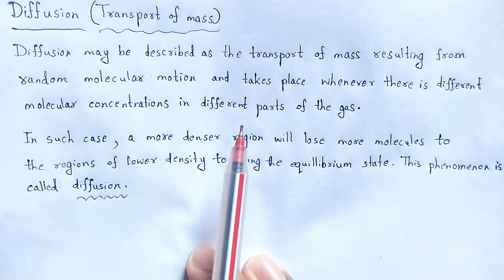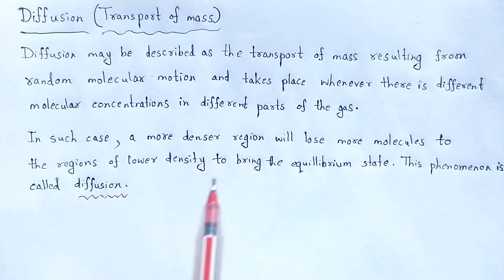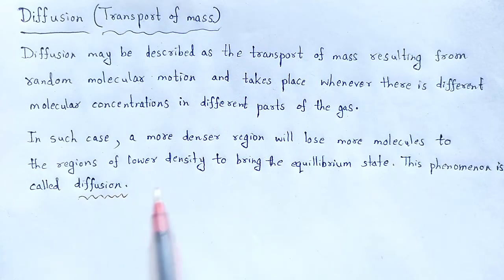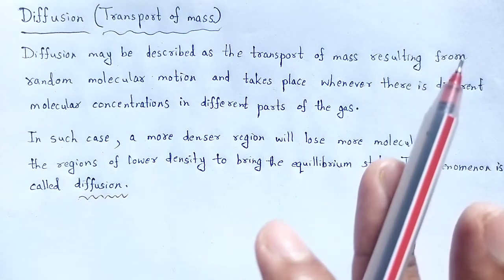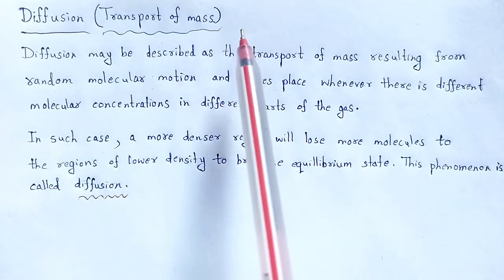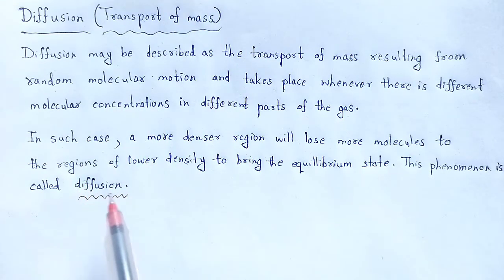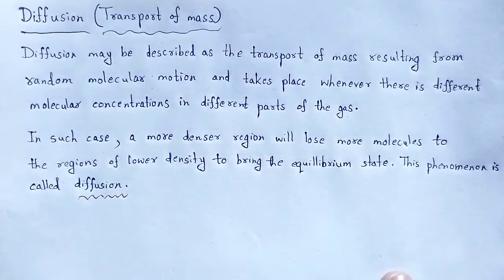Diffusion is the movement of particles from an area of higher concentration to an area of lower concentration until they are evenly spread out. So, that is the transport of mass and the phenomenon of diffusion. Mathematically, we derive what process occurs throughout the diffusion process.